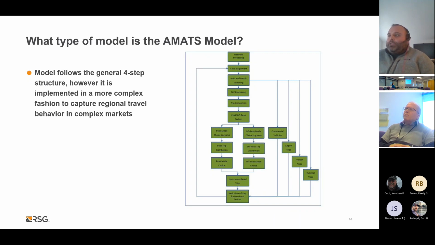Then we run trip generation, and the next step splits these daily productions into the peak and the off-peak productions. Then we run the trip distribution model and the mode choice model separately for peak and off-peak trips. The trip distribution models use a measure of accessibility from our mode choice model, or what we call the log sums.